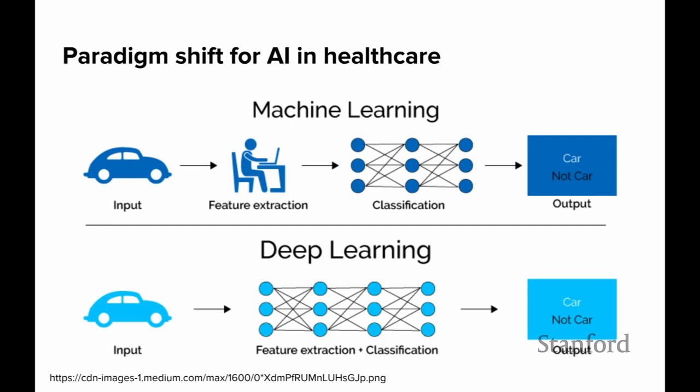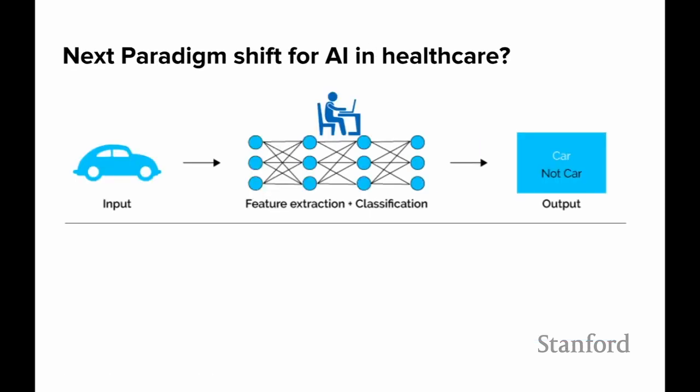And the deep learning paradigm is to combine feature extraction and the classification into one step by automatically extracting features, which is cool.